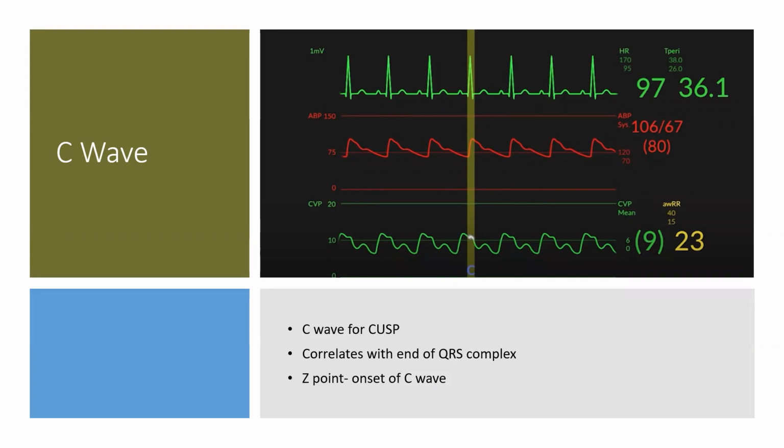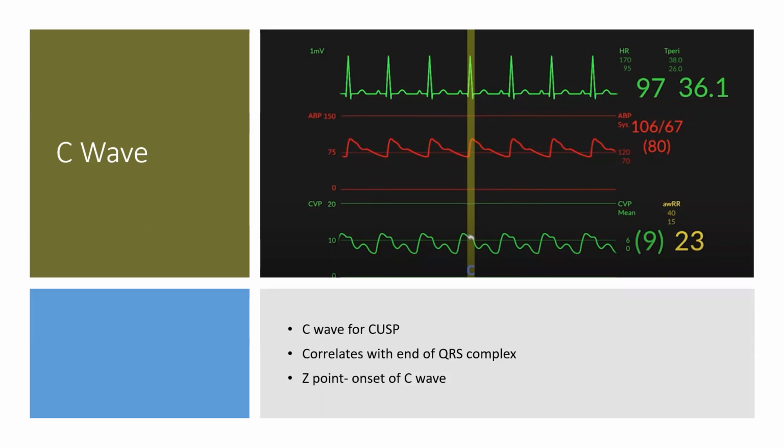And this is the event that corresponds with the tricuspid valve cusp protruding backwards through the atrium as the right ventricle begins to contract. So if this is the cusp of the tricuspid valve, when the right ventricle contracts, it pushes slightly the cusp of the tricuspid valve, and therefore it is a waveform that immediately follows the R wave of the ECG waveform.